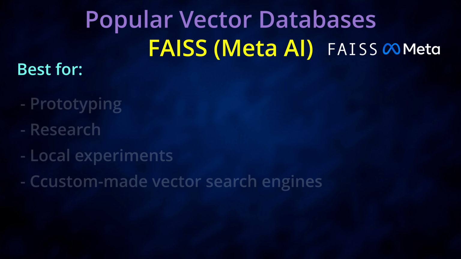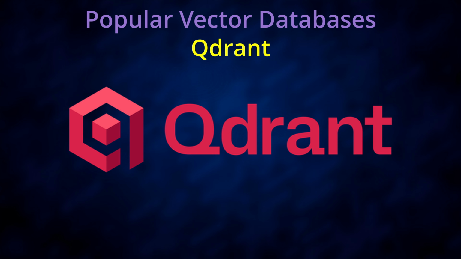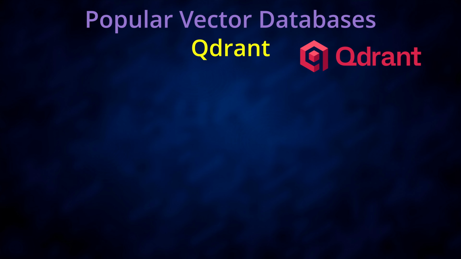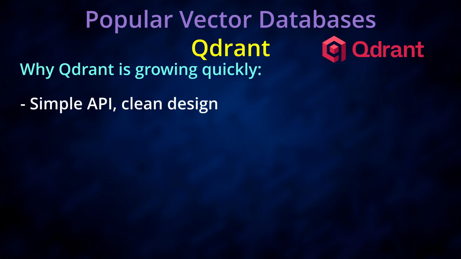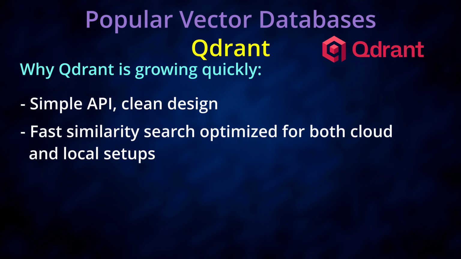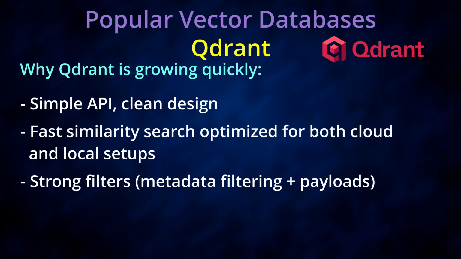Qdrant. Modern open-source vector database with a great developer experience and excellent performance. Why Qdrant is growing quickly. Simple API, clean design, fast similarity search optimized for both cloud and local setups, strong filters, metadata filtering, and payloads.